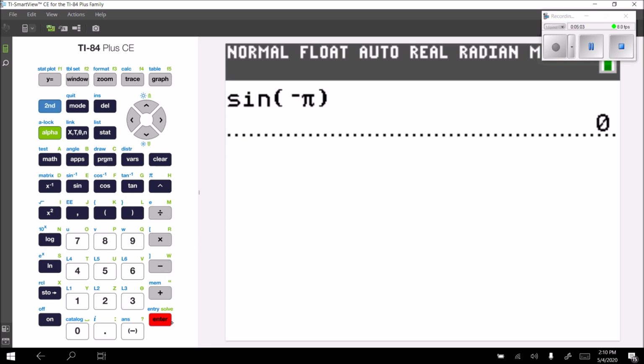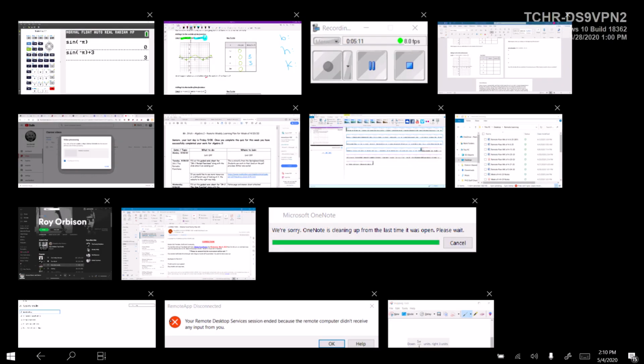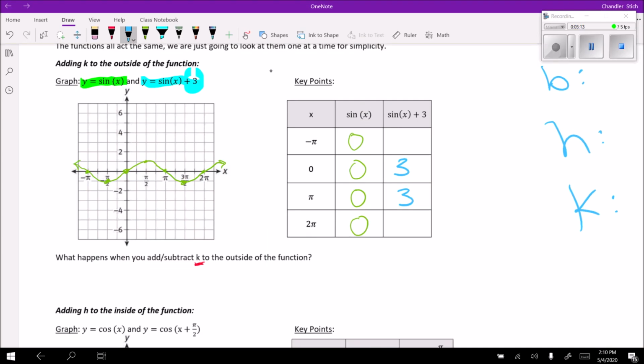Sine of negative pi plus 3. I get 3. And then 2 pi, we can assume it's going to be 3 as well. Alright, so let me graph this with negative. We have 3 right here. 0, we have 3 right here. 2 pi is 3. Here's what this graph looks like.